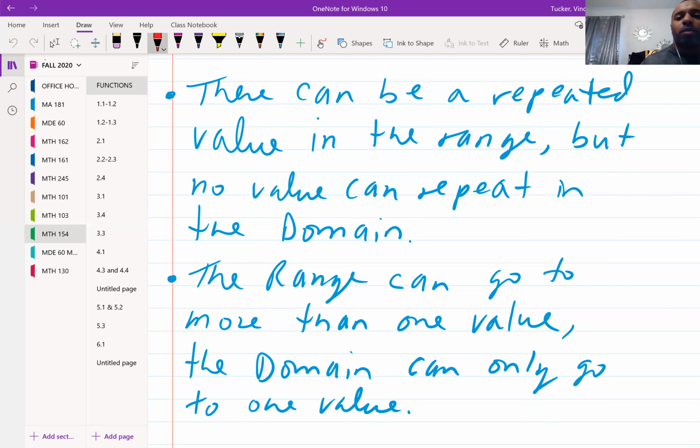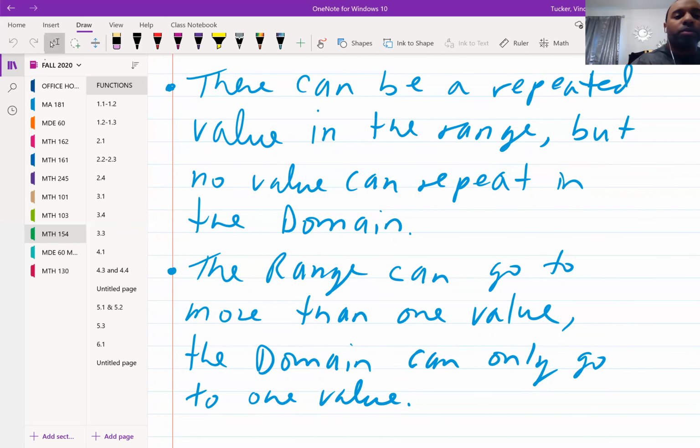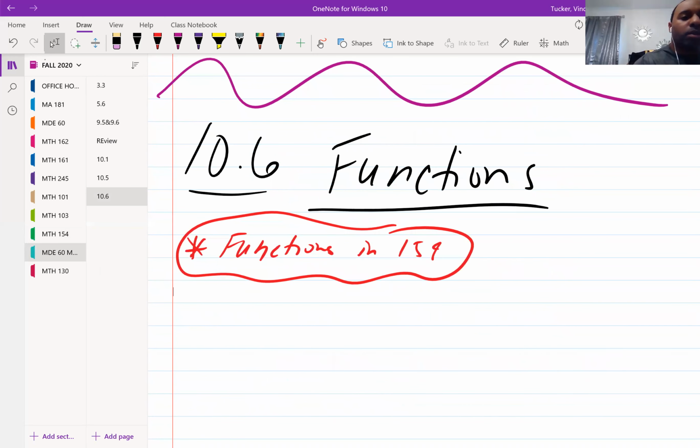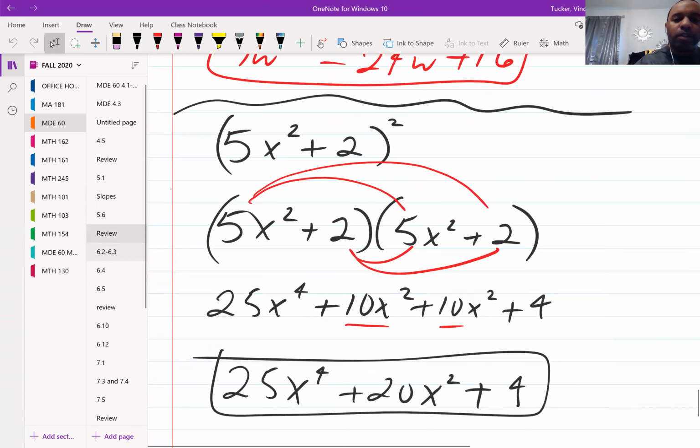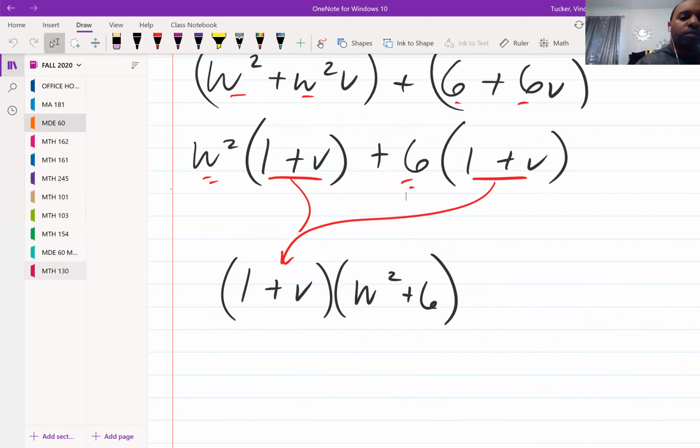All right, are we good to go? Yeah. All right, cool. So let's go back to 160 as a matter of fact. Let's see if they got it in here. Nope. All right.